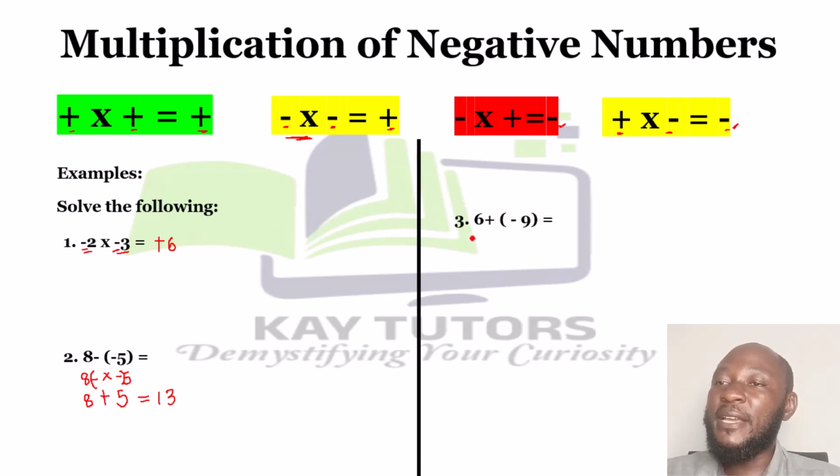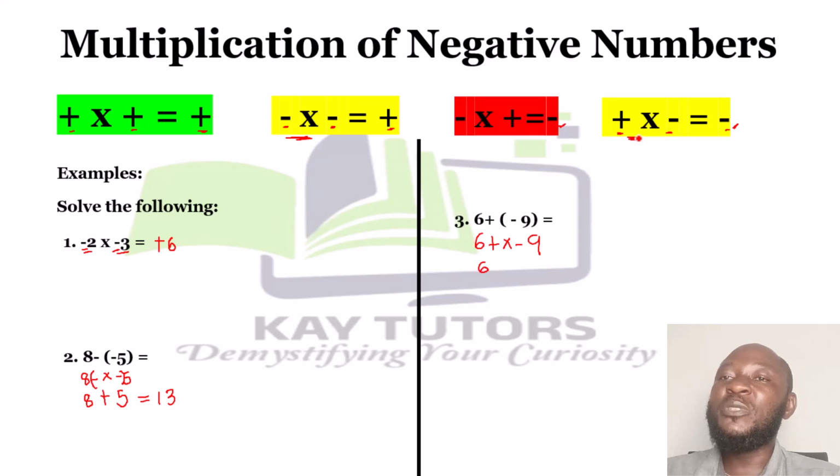Another example, again, you have a bracket sign here. So I have 6 plus times minus 9. Let me restate my question here again. Plus times minus.